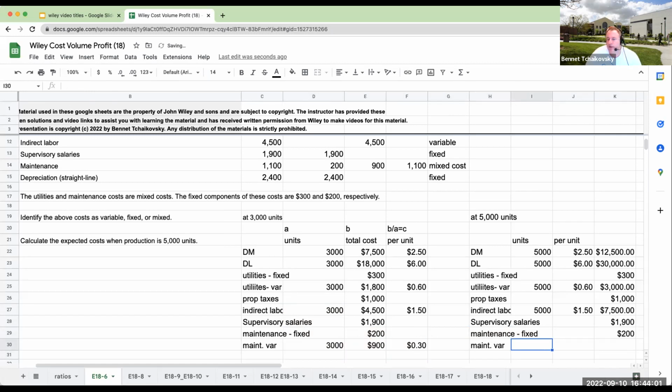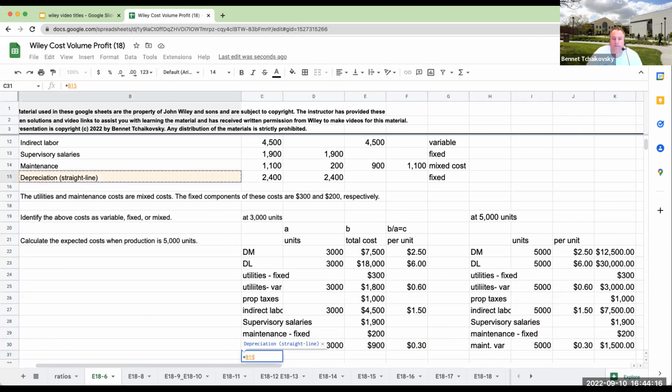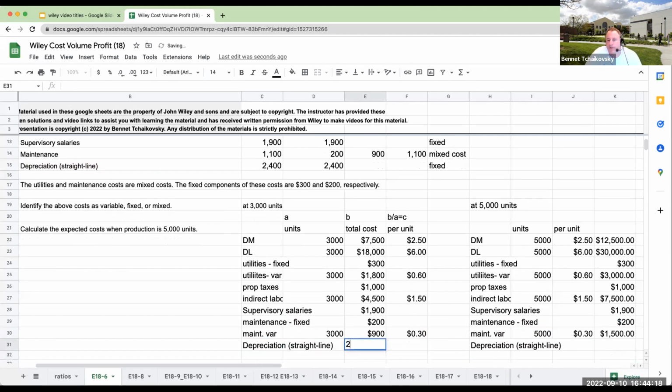So this is going to be at a rate of 30 cents per unit. So at 5,000 units, my costs are going to be 1,500. And then we're going to have depreciation straight line. This is going to be 2,400. And then this cost over here doesn't change.